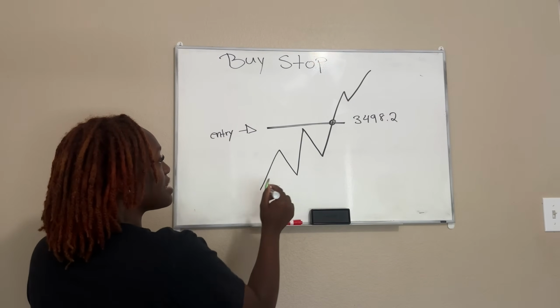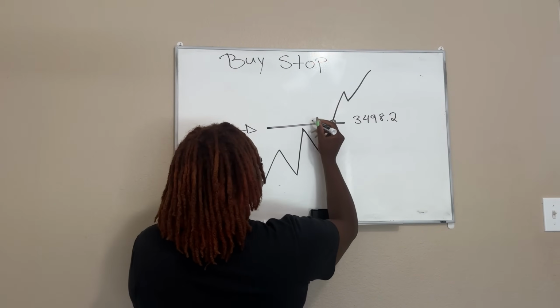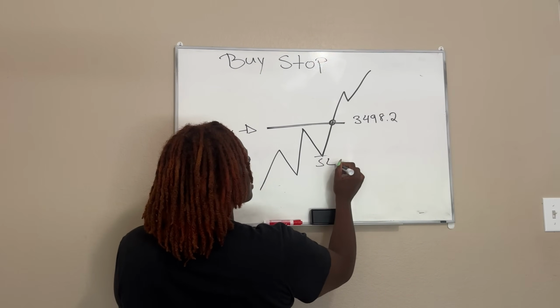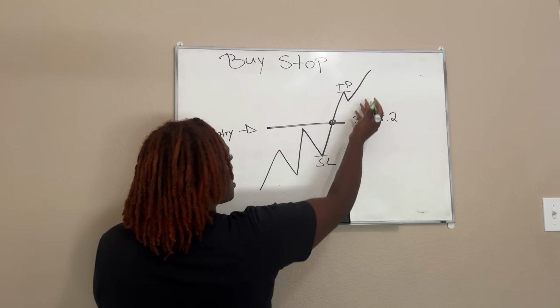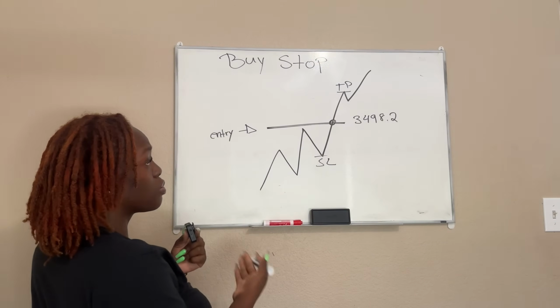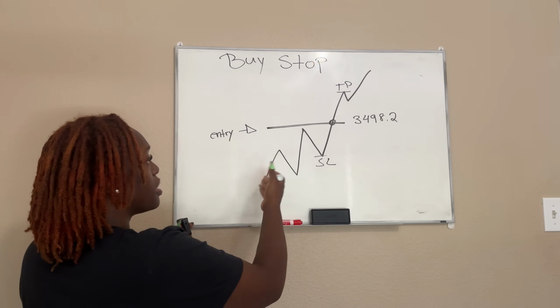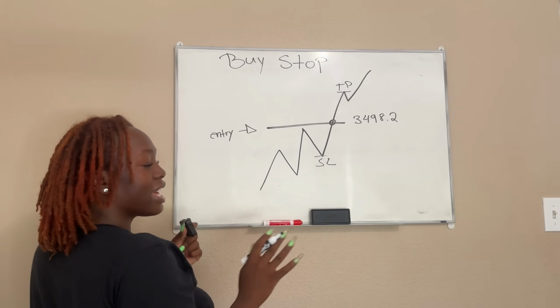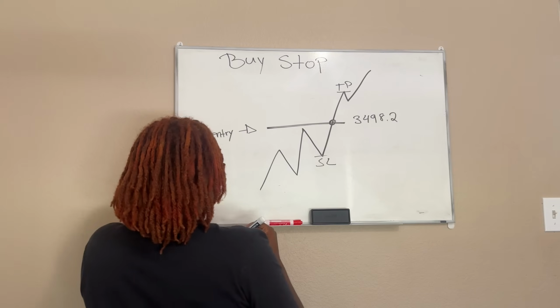So this is what a buy stop will look like. Again, you will get in here, and then you have your stop loss and your TP set. Because once you set the limit orders, you also can set your TP and stop loss. All of that can be automatically set.